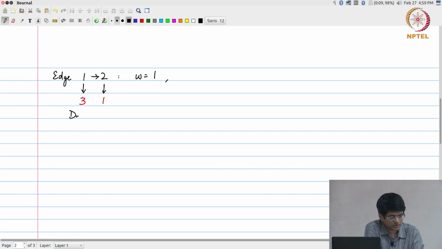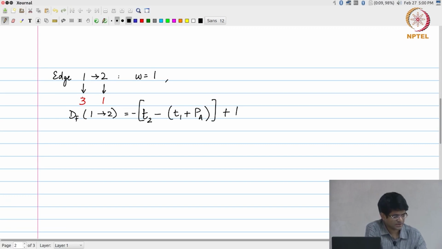So, the DF therefore, the time when 2 was scheduled, or in other words, let me just write that out clearly, it is the time of operation number 2 minus the ending time of operation number 1, T1 plus PA, the pipeline latency of the adder, this plus N into the W. So, in other words, it is equal to 1 minus (3 plus 1) plus 4, or 4 minus 3 equal to 1.